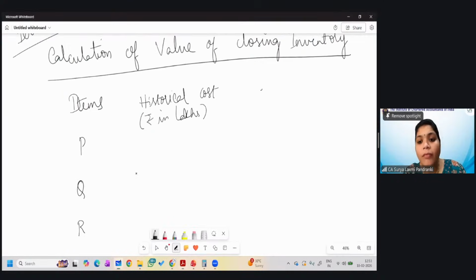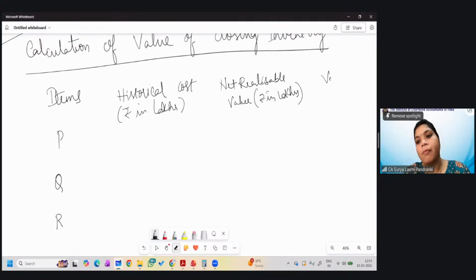Then we have net realizable value. And the 4th column will be value of inventory.